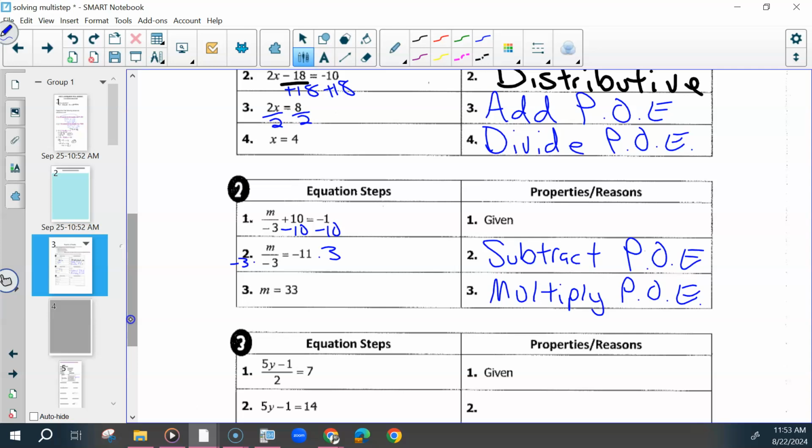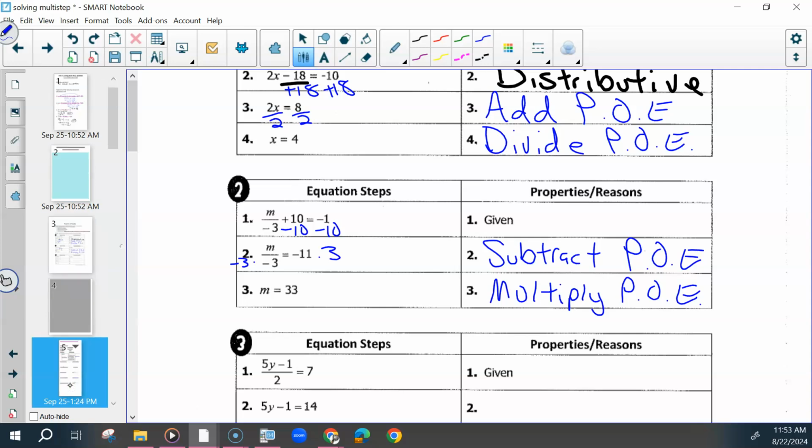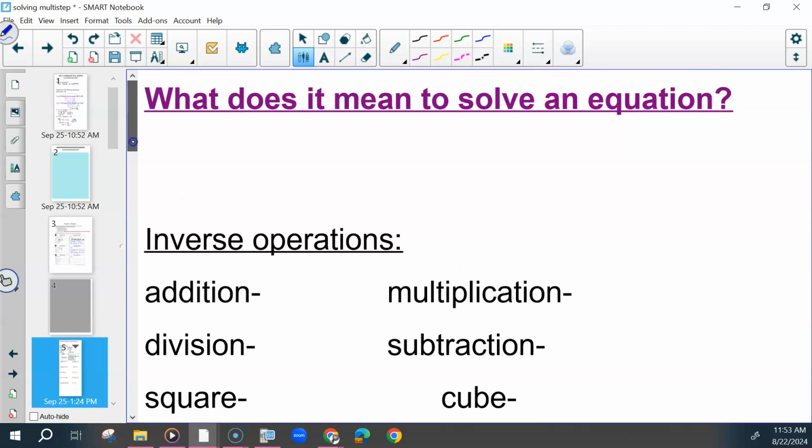So, really quickly, we're going to talk about some inverse operations. Kind of retaking what we asked at the beginning, what is a solution? We're going to change it to what does it mean to solve an equation? To find an answer, but also using your inverse operations.